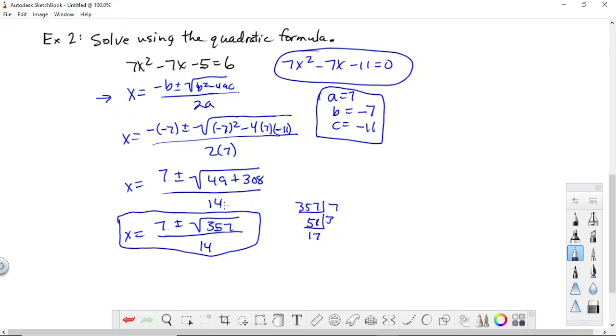Notice that 357, we tried to factor it, and we just got 7, 3, and 17 as the prime factors, and there's no pairs. Okay, that's why it stays in the radical as 357. There are no pairs when you factor it, nothing to pull out. Okay, so everything is still in there. 7 times 3 times 17 just gets us back 357 again.